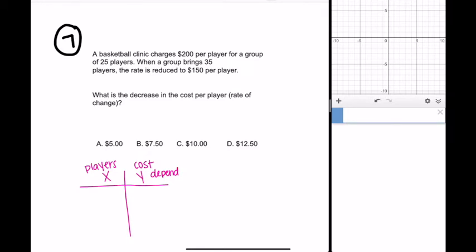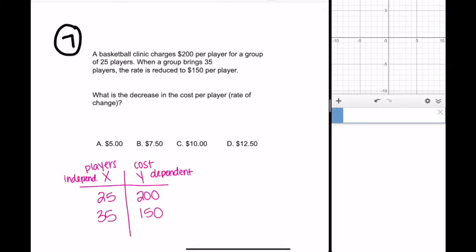So that is dependent, and x is independent. So when there are 25 players, the cost is $200 per player. And when there are 35 players, the cost is $150 per player.